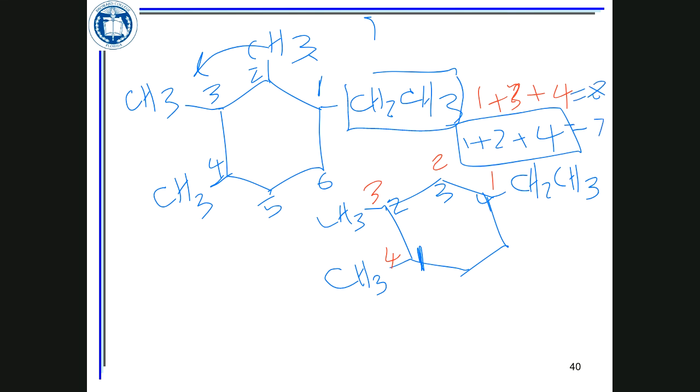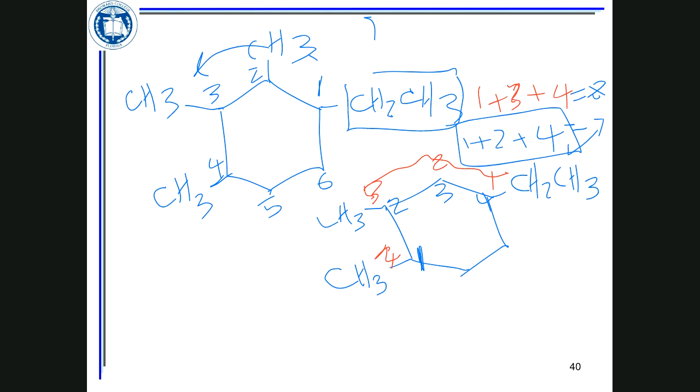Which one is better numbering? We go with the lowest number assigned, so we have to go 1 for the methyl group. Any direction that is going to give a lower number set. So the red color is not going to be desired here, so we are not using these numbers. We are using the blue color.